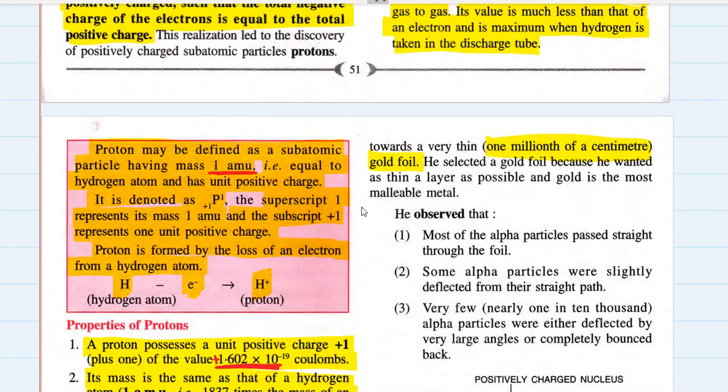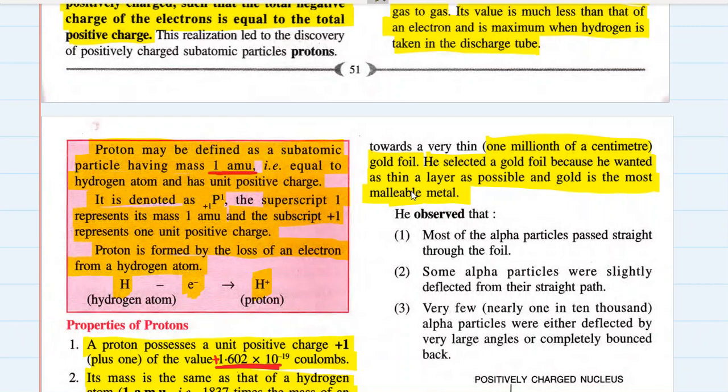He selected a gold foil because he wanted as thin a layer as possible, and gold is the most malleable metal. He wanted to do an experiment, which we will study in detail, and see what an atom is made up of.